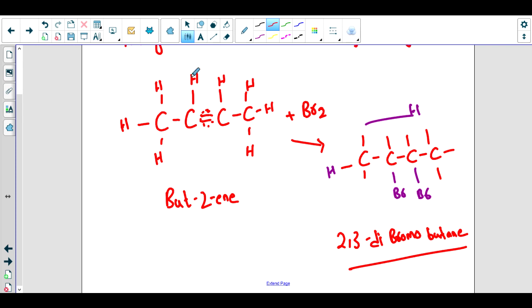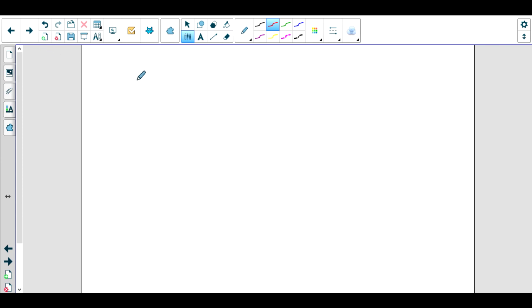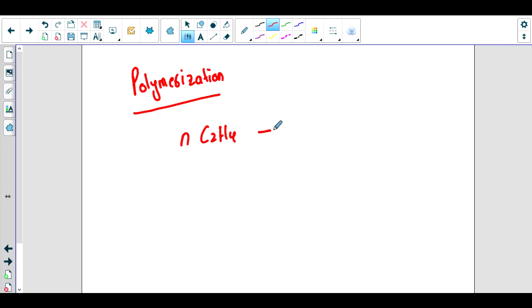Another important reaction which alkenes do is called polymerization. Polymerization means connection. One connects with another, and this sequence can go on. For example, n can be any number, n number of ethenes. They connect, the double bond breaks, and the sequence continues.